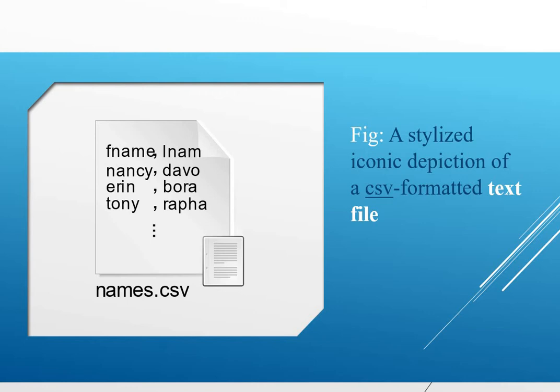Here, this one that you're seeing is a CSV file, and it is a type of text file. All right, a CSV file can also be used in a database system, for example in Koha as well.